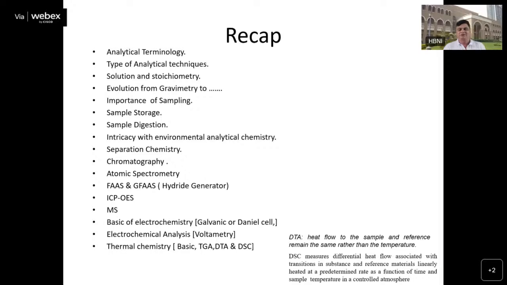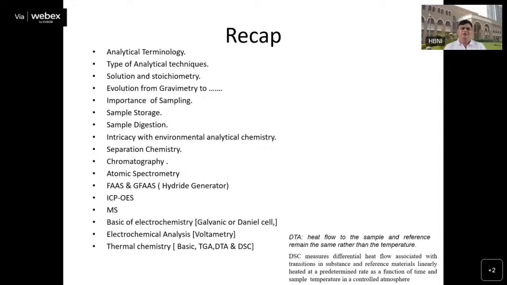We have also seen that certain interferences can be corrected by using the Zeeman correction, in which we apply a magnetic field around the atoms, and that's how we can carry out the background correction. And the Smith-Hieftje method we generally avoid. Of course, that has also been built in, because the measurement has to be done at two different currents. At a higher current, there is a possibility that we damage the filament if we are using the hollow cathode lamp. So that's why it is generally avoided.